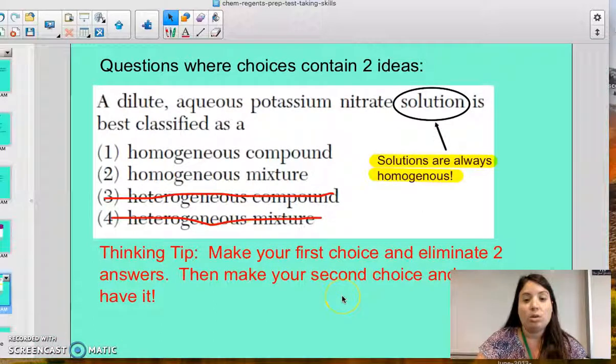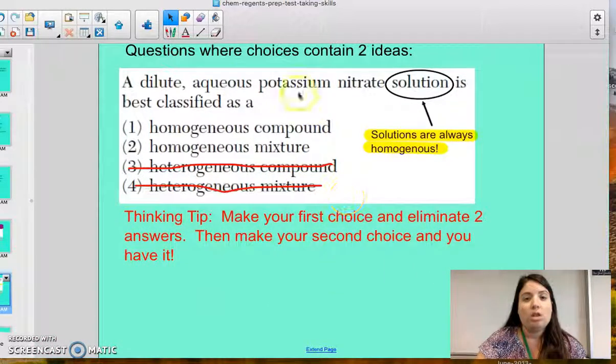According to the chemistry that we've learned, the question itself says that we have a solution. We have a dilute aqueous potassium nitrate solution. And so you should recognize that the word solution means that everything is dissolved, so that it's going to be homogeneous. So we can eliminate choices 3 and 4 based on that idea.